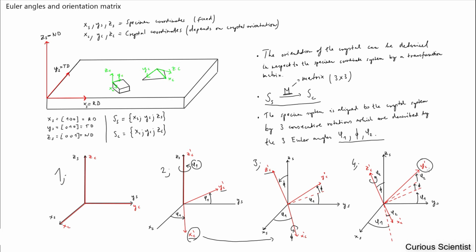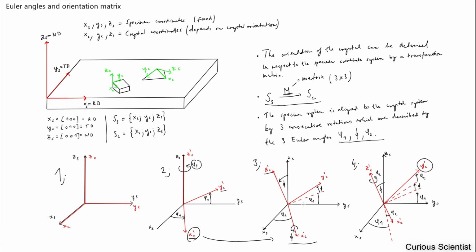Basically, first we rotate around the z-axis, or the normal direction, so we will have a different rolling direction and a different transverse direction. Then this was the phi 1, and then we use the capital phi around the changed rolling direction, because this axis can be said as the rolling direction.